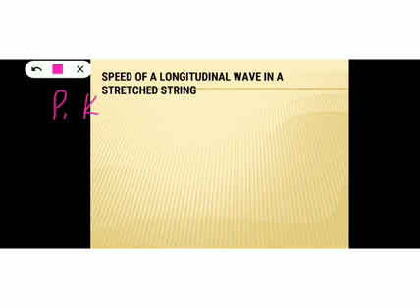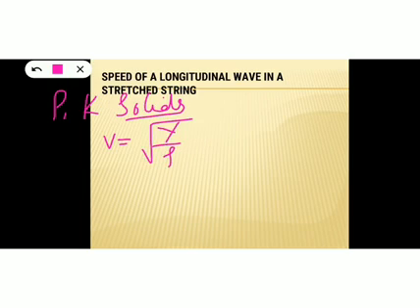Suppose sound waves are traveling through solids, because you know sound waves travel through solids, liquids and gases. If a sound wave is traveling through a solid, then velocity of the wave v is equal to square root of Y by rho, where rho is the density and Y is the Young's modulus of that solid.